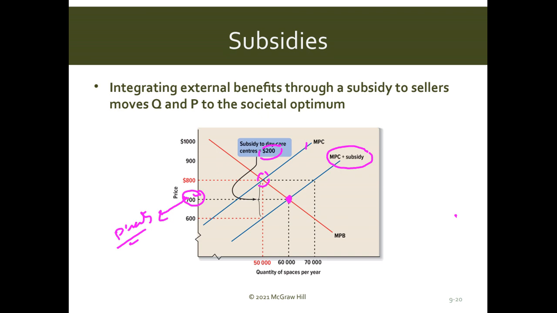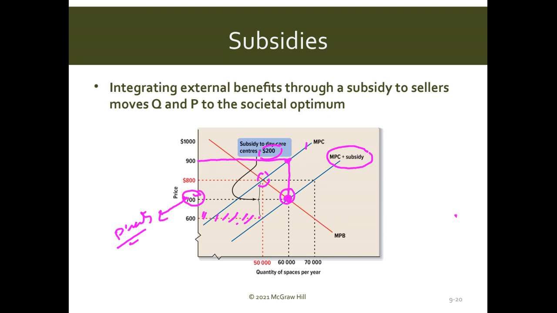So I'll go here instead of, this is an incorrect line, should not have been drawn. So this is the new equilibrium, I go up and then I go here. See, this is 900. So technically, sellers, that is these daycare centers, they are receiving now $900, not $700, because they receive 700 from the parents and 200 subsidy, $900.